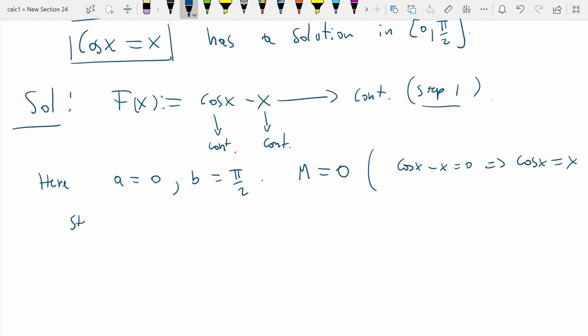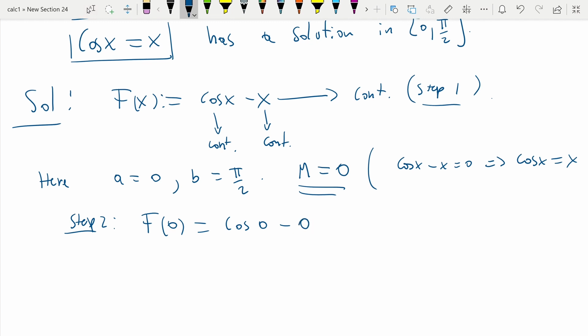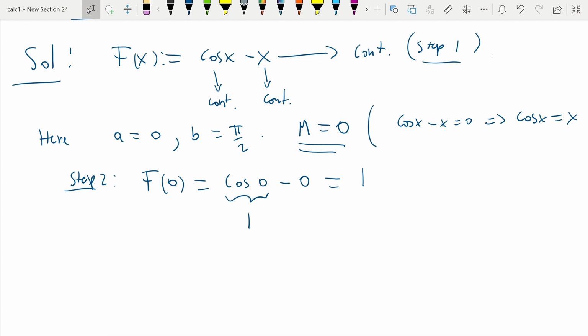And then step 2, we must show that m, which is equal to 0, is in between f of 0 and f of pi over 2. So what about f of 0? You have cosine of 0 minus 0, and cosine of 0 is 1, so this is equal to 1, right?